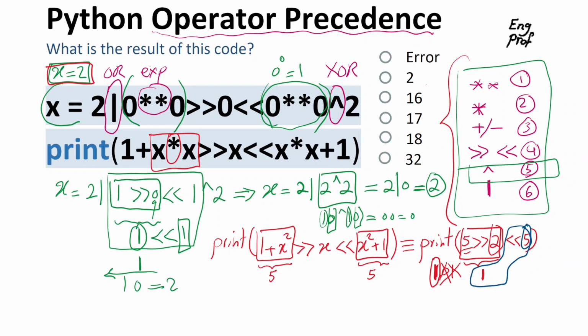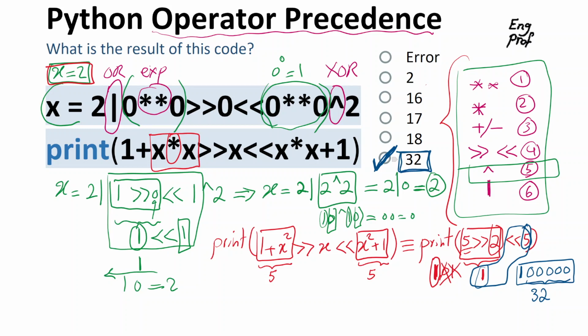That becomes 100000, so effectively we are inserting 5 zeros after the 1. This is a binary representation, and in decimal it is equivalent to 32. So the final answer is 32 as the proper answer to this question.